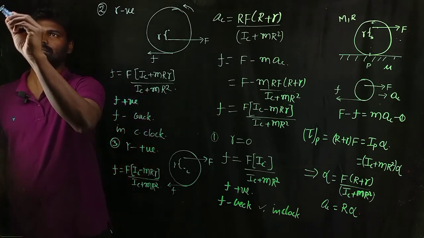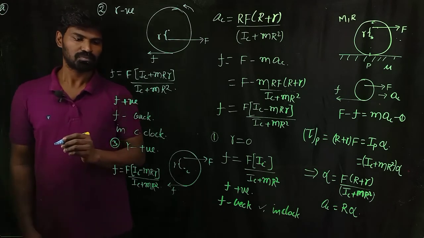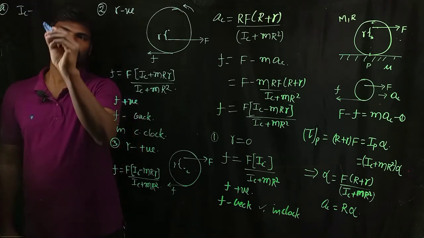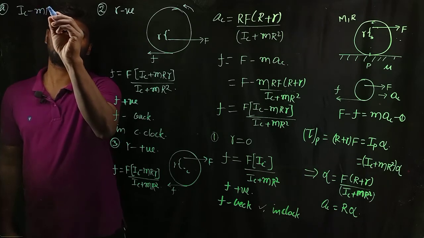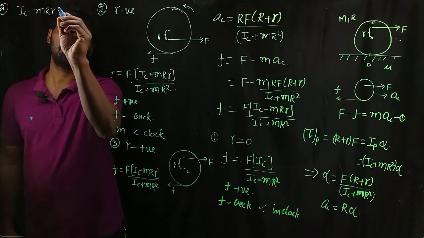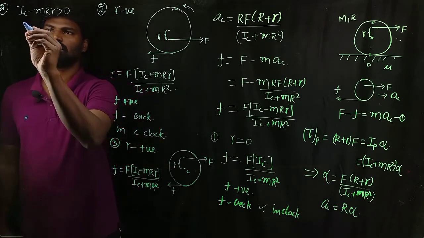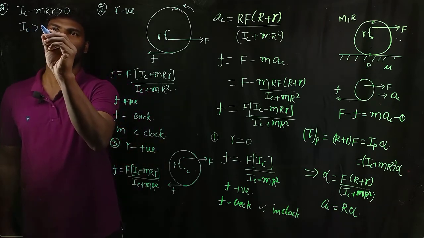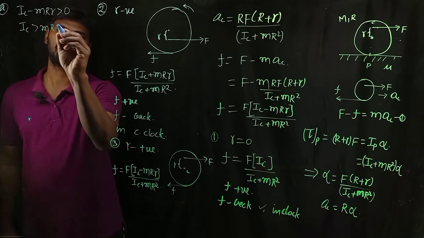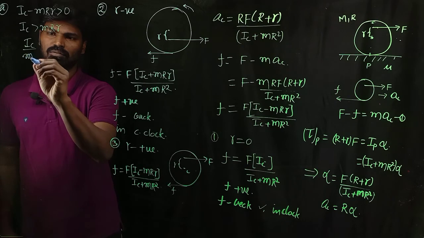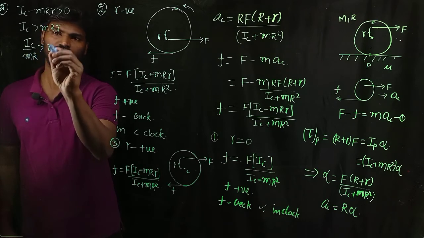Case number A, in which IC minus m into capital R small r is greater than 0. That is, it is positive. That is possible only when IC is greater than m into capital R into small r, that is, IC divided by m into capital R is greater than small r.